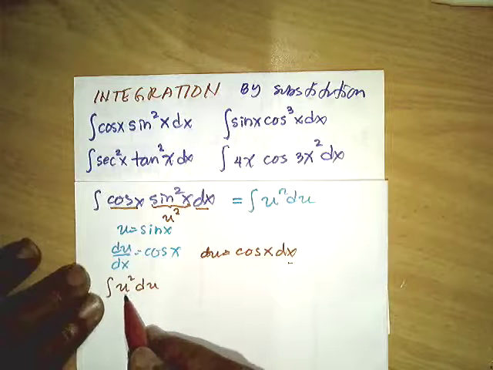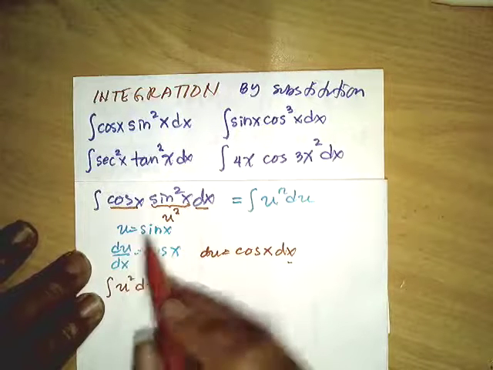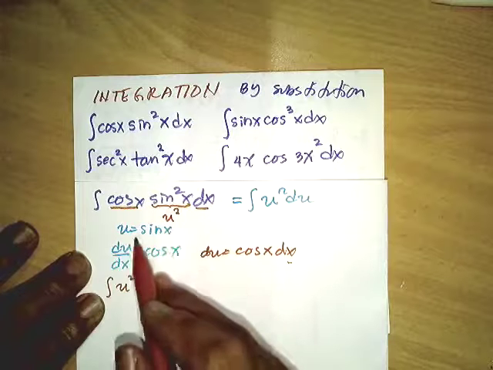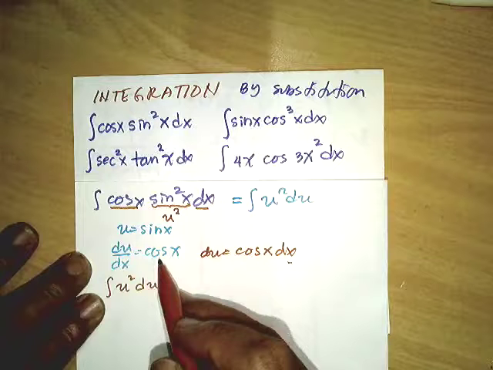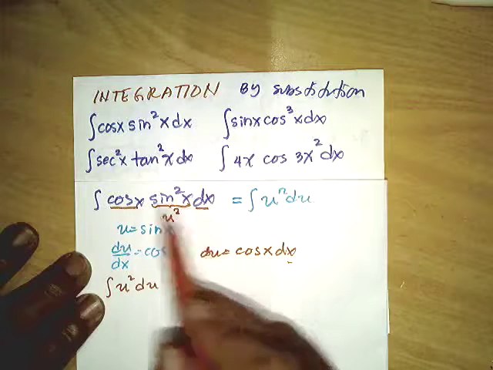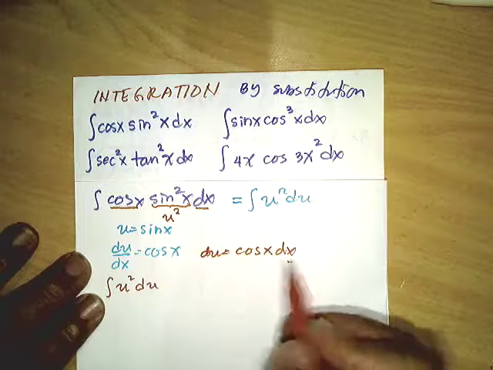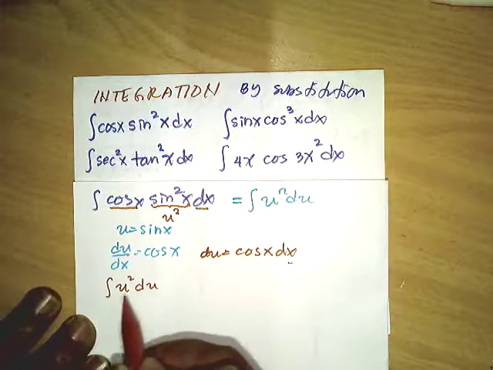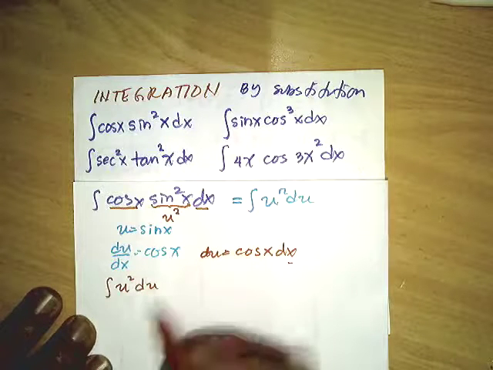Again, let's make it a bit clearer: you let u be sine x because it is the sine x that has the power. Then you take the derivative of u with respect to x, which is cosine x. Then you look for the remaining expression in the question, and that is cosine x dx, which is du. So this integral is equal to this.